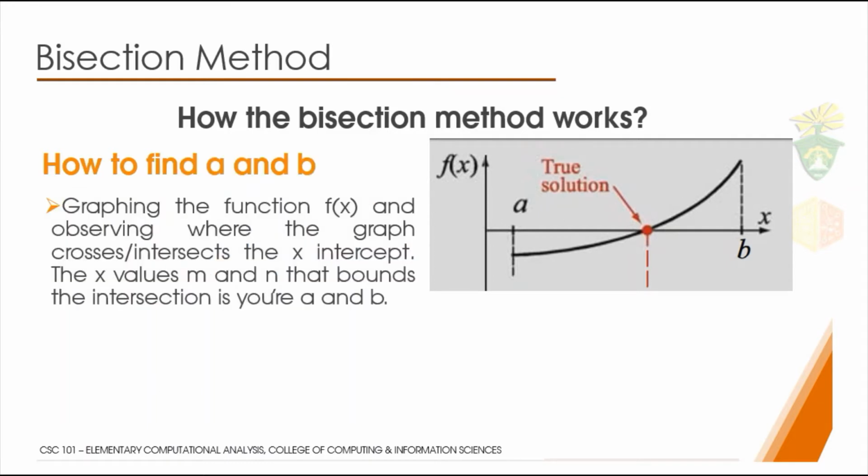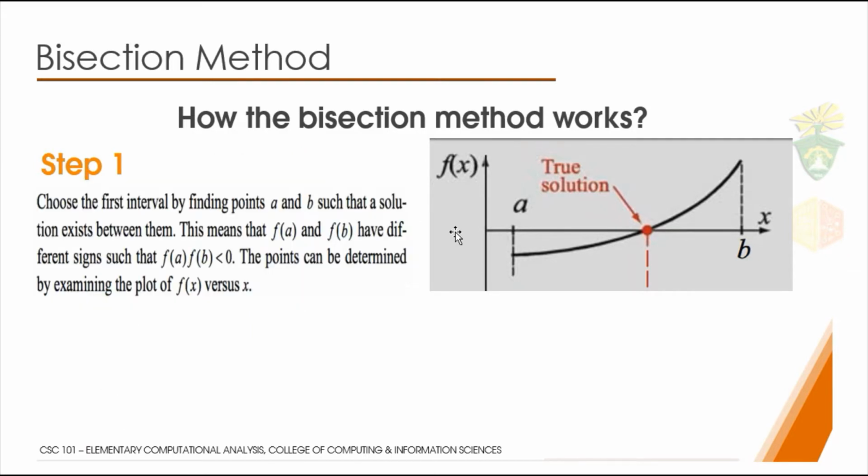Now, the initial interval that we determine, we call a1 and b1, could be determined by creating a graph of f of x as shown in the figure. The initial interval a, b could also be identified by finding f of a and f of b and multiplying them. If they have a negative product, then that is a proper a and b.